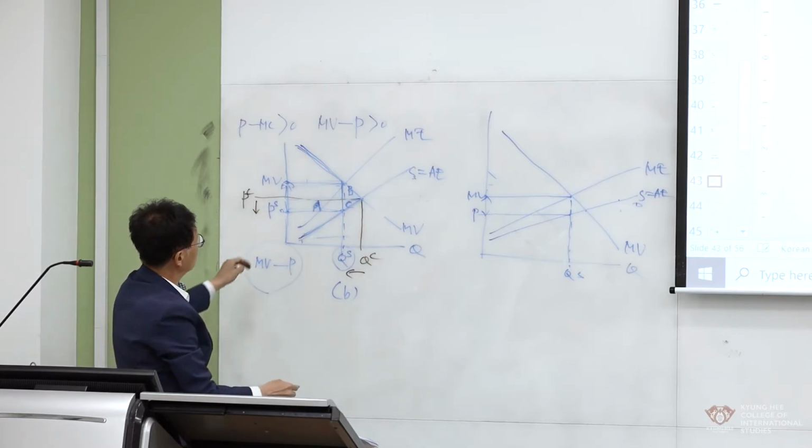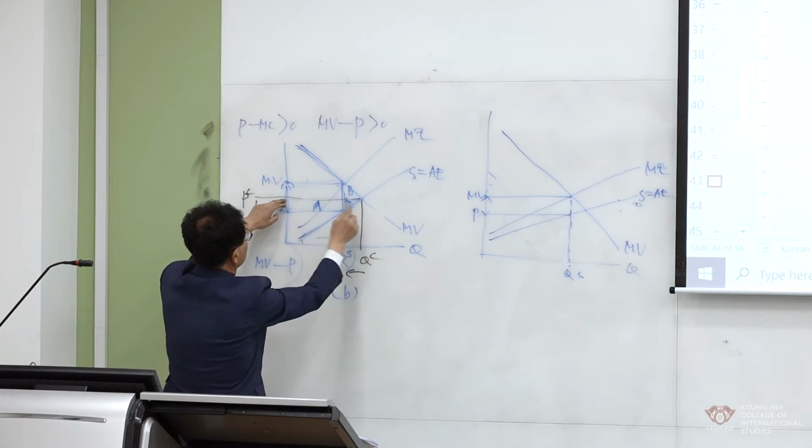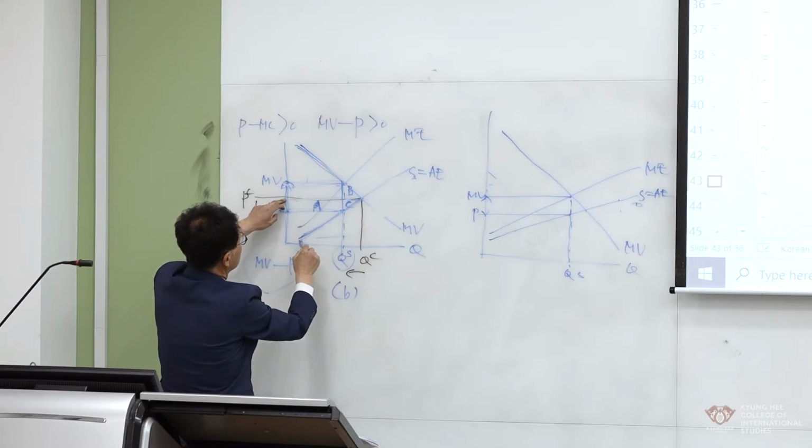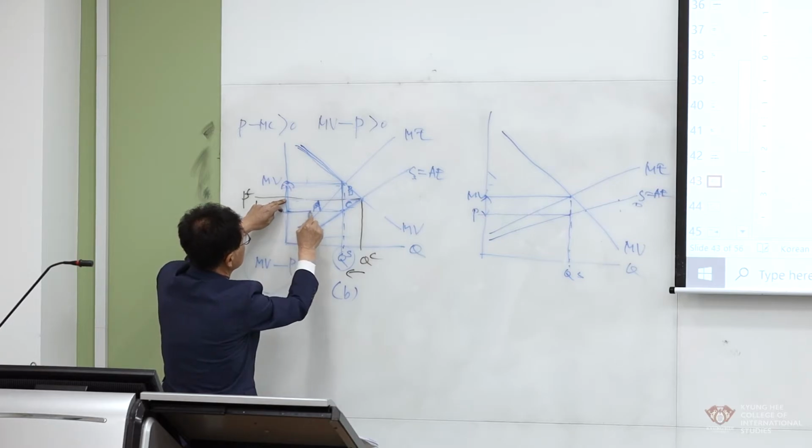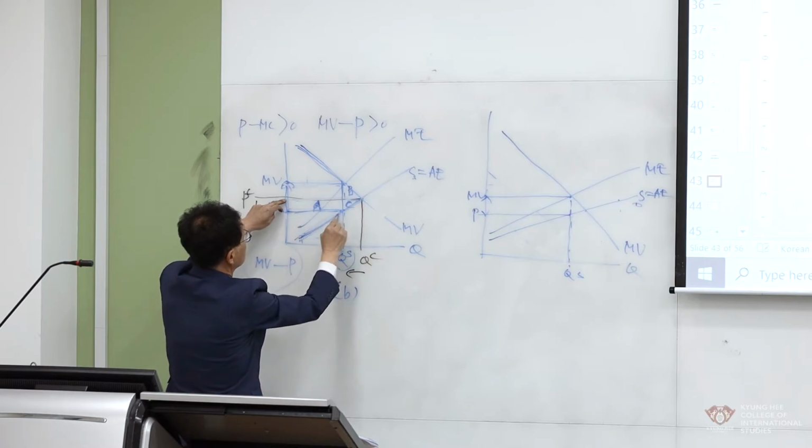So consumer surplus usually this one, right? This one, but in the monopsonic case, price is here, supply curve is here, so this one.